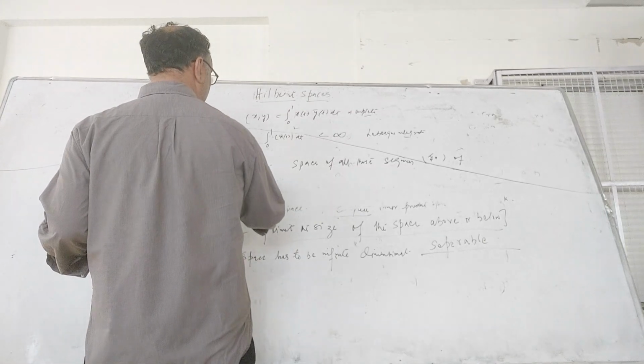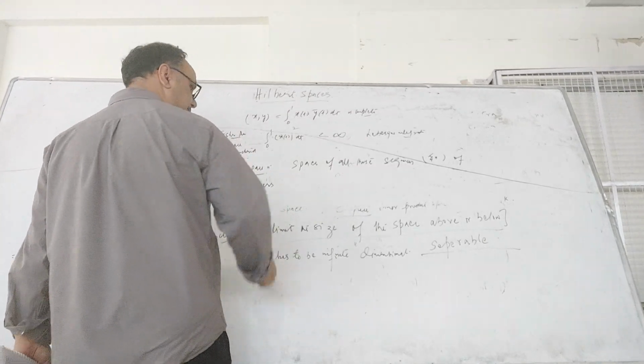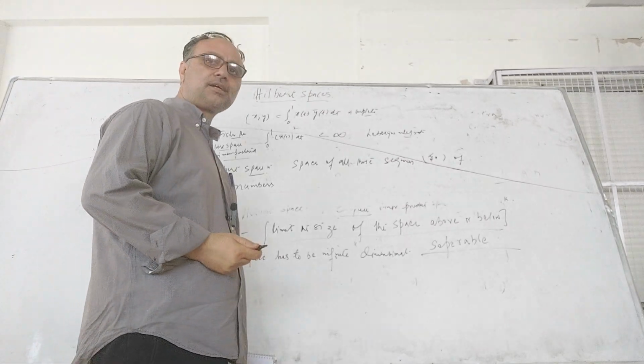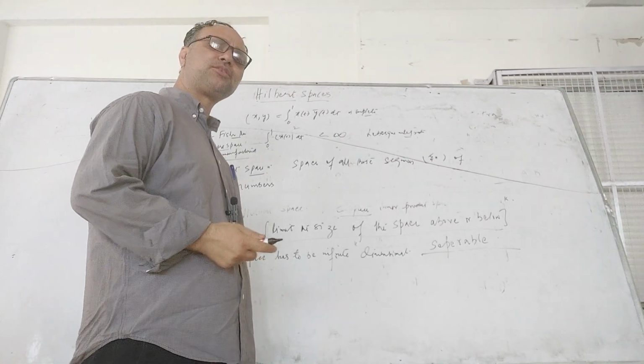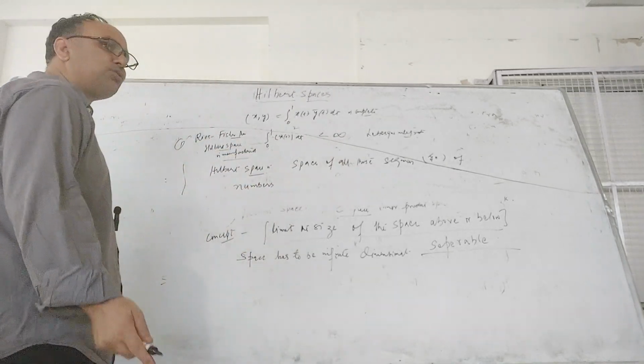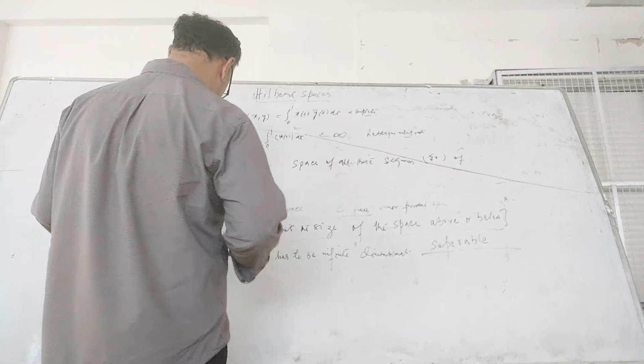The numbers may be real or complex. We normally are interested in complex Hilbert spaces, but we can complexify the real space also, and we can go from complex to real and real to complex.